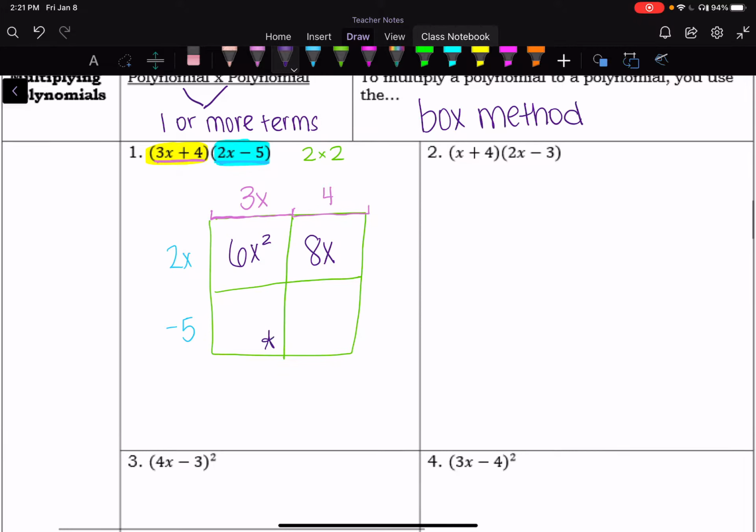Next, we're going to move on to my third box. Multiply 3x times negative 5. 3x times negative 5 is going to give me negative 15x. And then the last box, negative 5 times 4. This will give me negative 20.